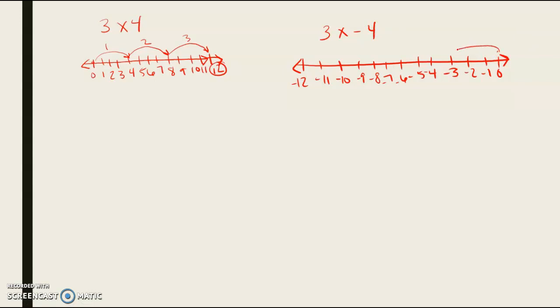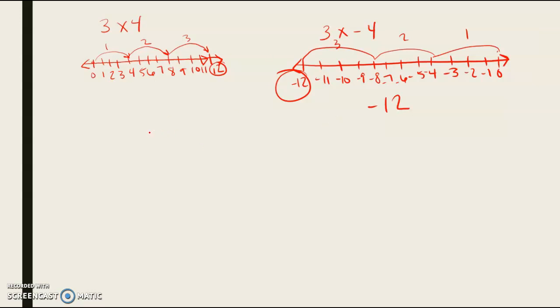So I'm going to go 4, 4, so that's group 1, group 2, group 3, and so now my answer is a negative 12, because I went 3 groups of 4 to the left. Which, you know, that makes sense.